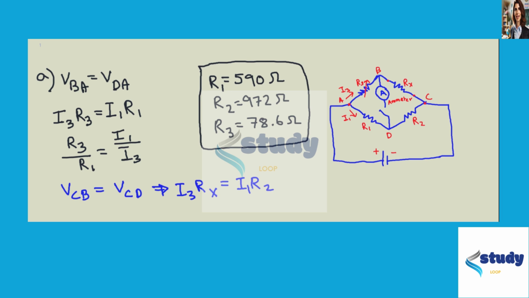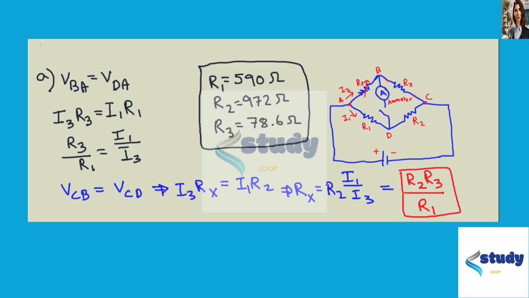And if we solve for Rx here, we get R2 times I1 over I3, which is equal to R2 R3 over R1. So that's the expression for the unknown resistance.